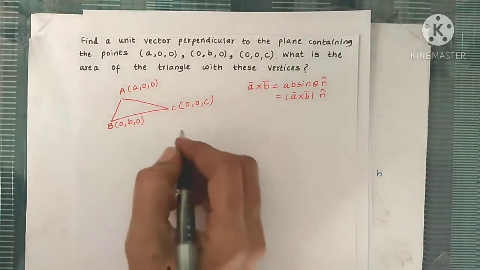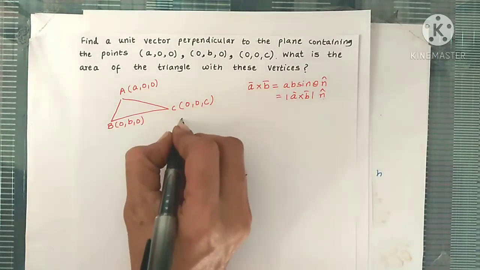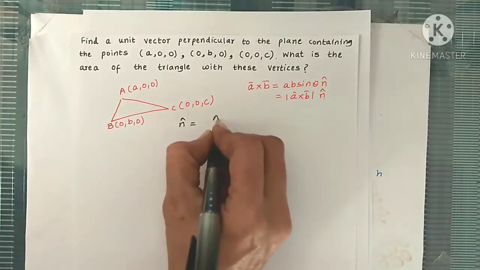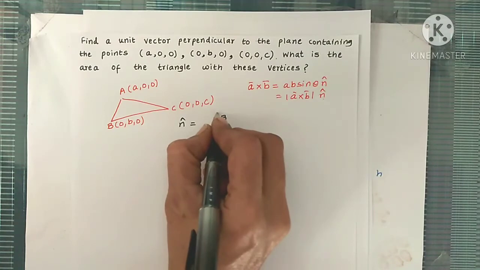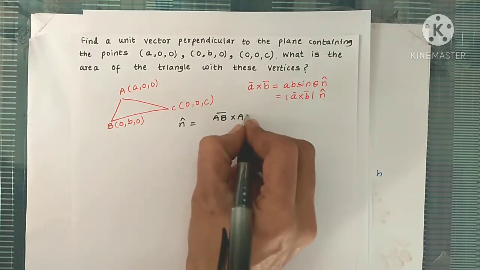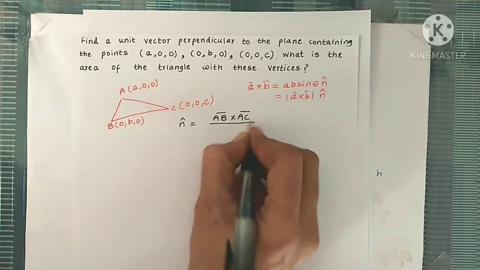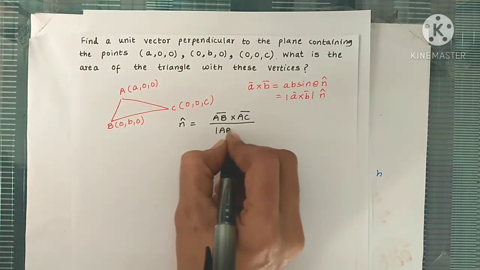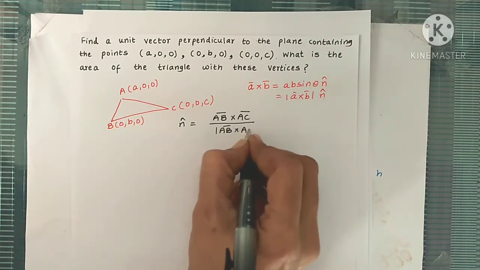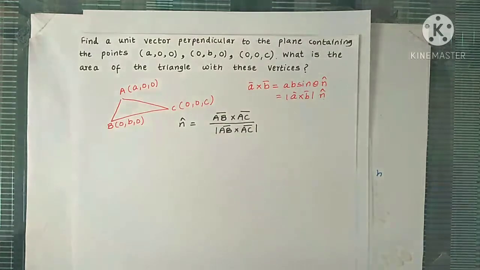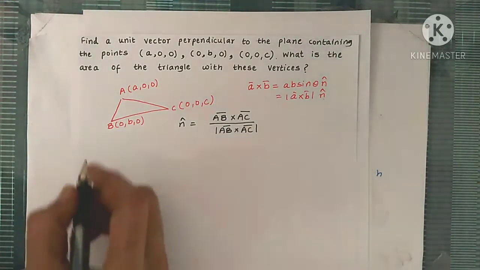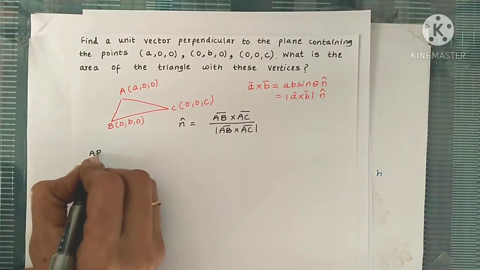Okay. So what is that unit vector here? N cap is AB bar cross AC bar divided by modulus of the same vector AB bar cross AC bar. So for that, first of all, we need AB bar and AC bar. So AB bar is B bar minus A bar.